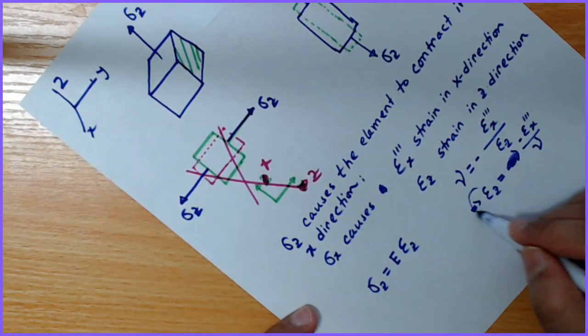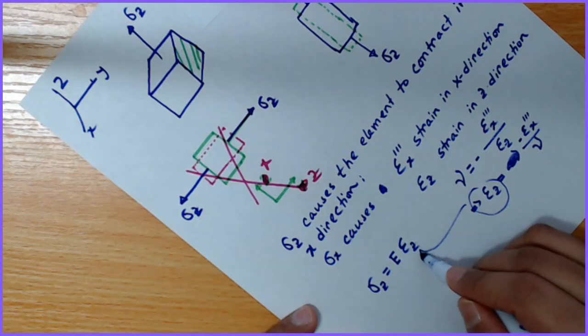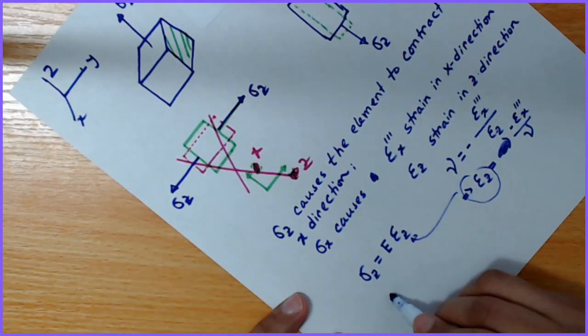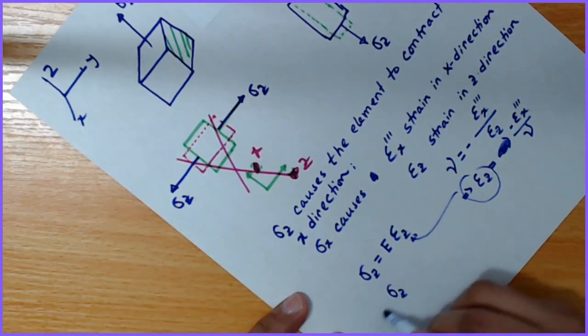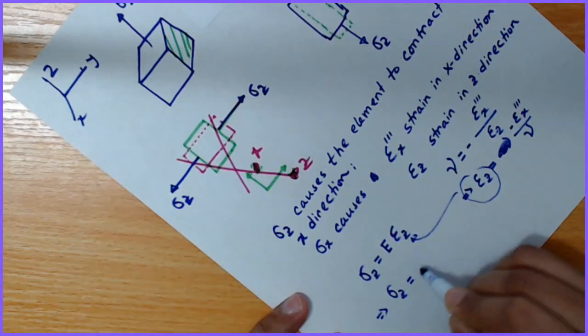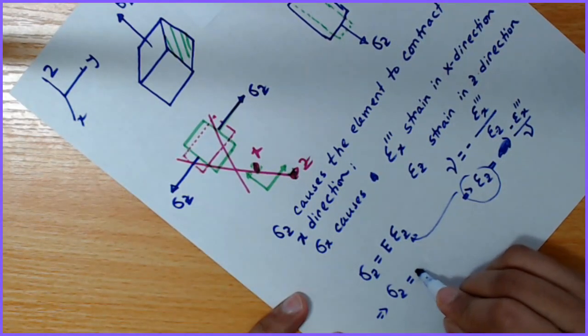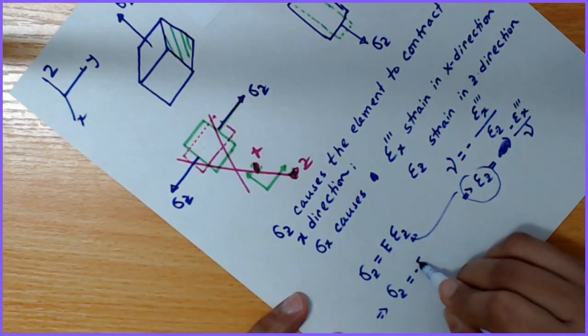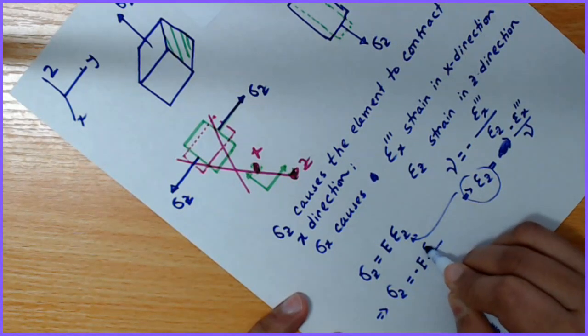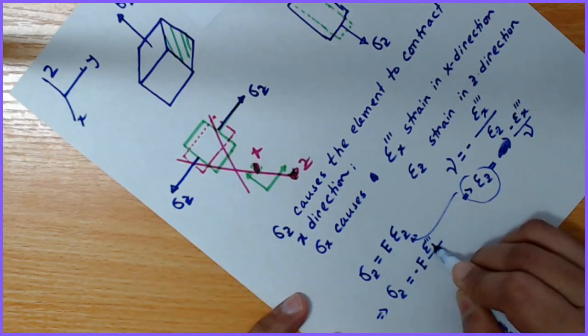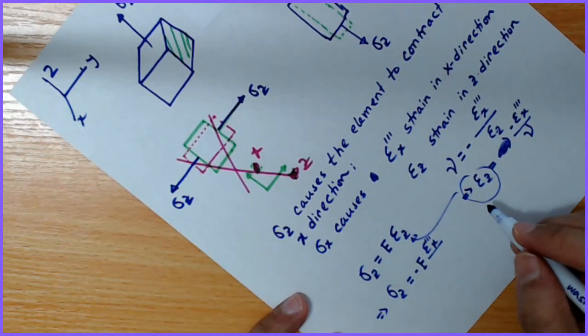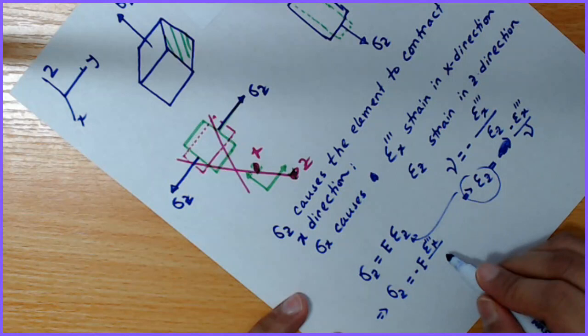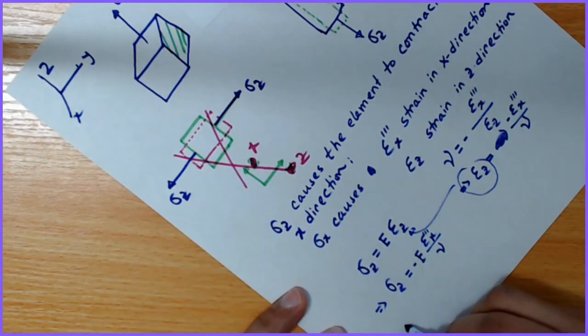Now if I replace this here, sigma z is going to be minus E epsilon triple prime x divided by nu.